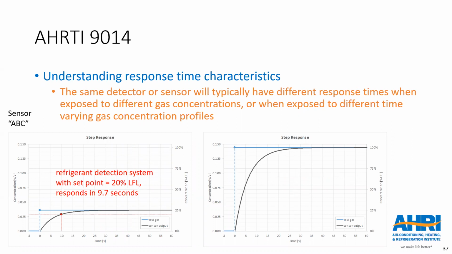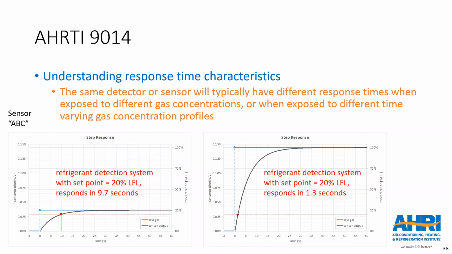So if this sensing element was used within a refrigerant sensor or refrigerant detection system, where you had a predefined set point, for example, corresponding to say 20% of LFL, then there would be an indication of the presence of refrigerant in 9.7 seconds when suddenly exposed to 25% of LFL. However, there would be an indication of refrigerant in just 1.3 seconds if it was suddenly exposed to 100% of LFL.